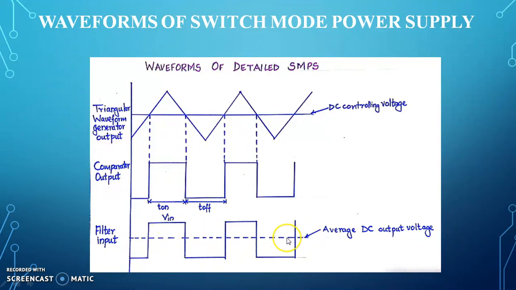So if VO was less, then VF was also less, and the DC voltage will also reduce, making the T-on period high and thus increasing the average DC voltage. So there is regulation taking place. So this is the basic working of SMPS.